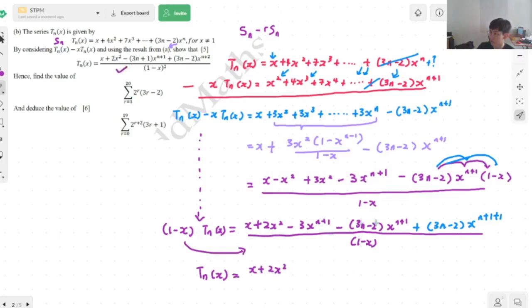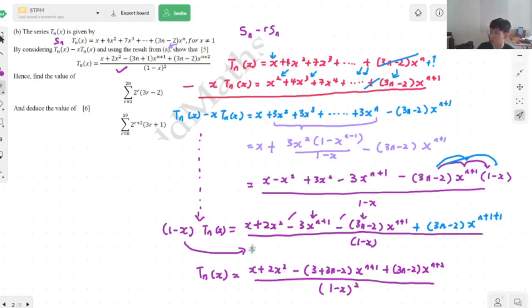Okay, so since this is xn minus 1, xn plus 1, I factorize out minus 3, okay, plus 3n minus 2, xn plus 1. I factorize out the negative, and then I factorize out the 3. So x and x I put at the back, plus 3n minus 2, xn plus 2 over 1 minus x.